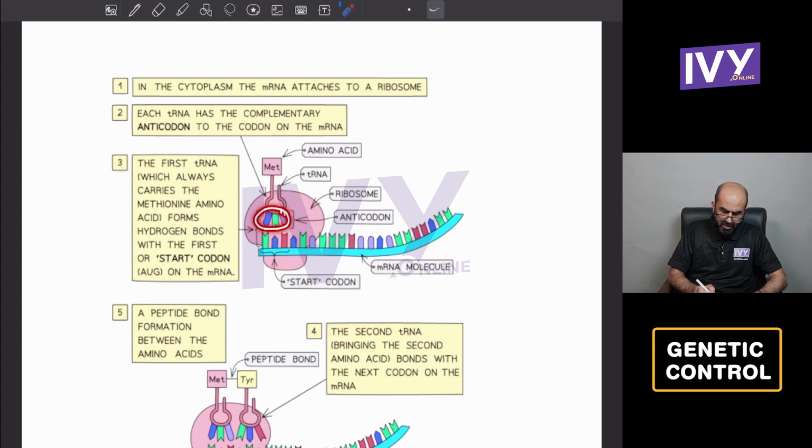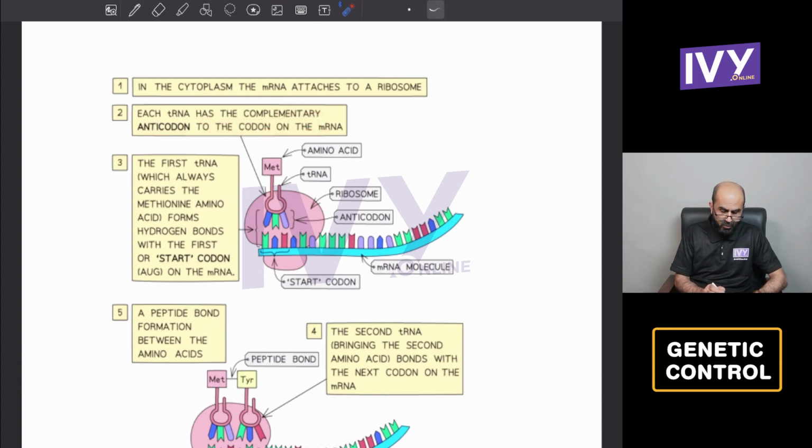This anticodon is for attracting the amino acid to be attached on the CCA site. And this is the start codon. I told you initially that start and methionine both have the same code. So the start codon is AUG and the methionine is to be attached here. Now, each tRNA has the complementary anticodon to the codon on the messenger RNA.